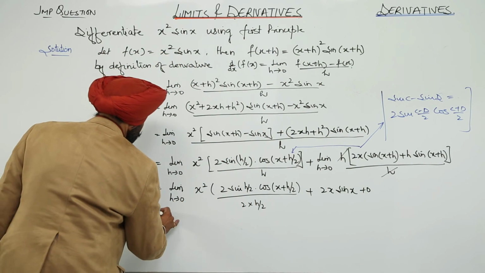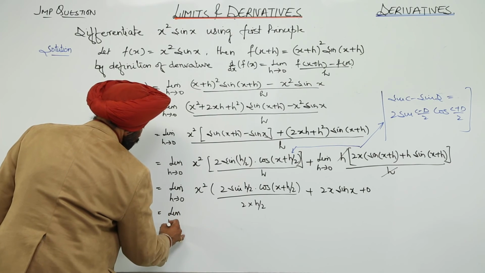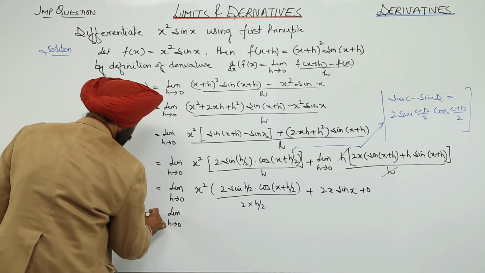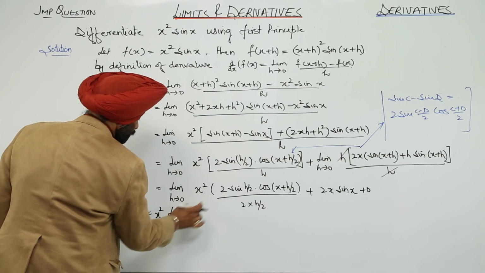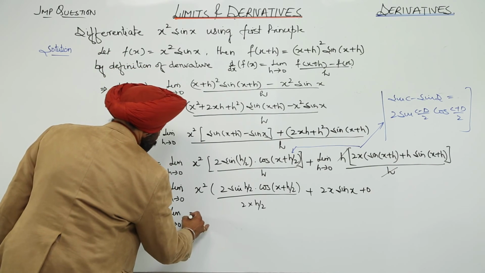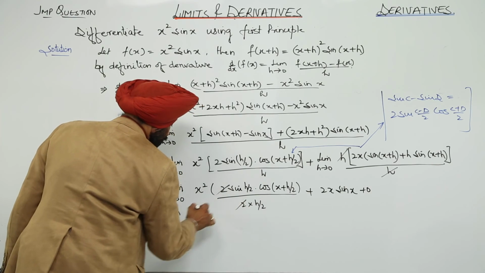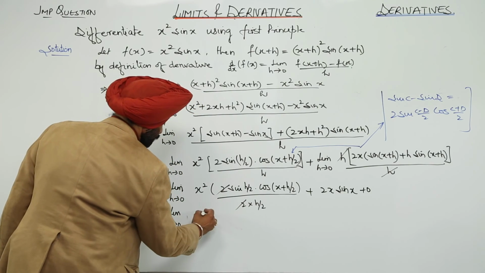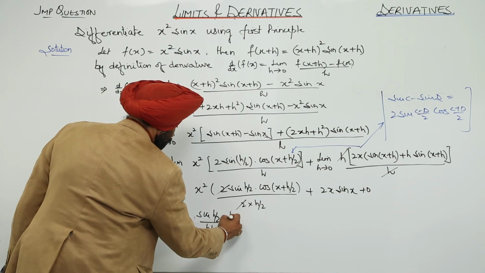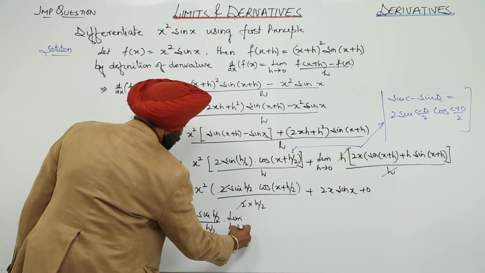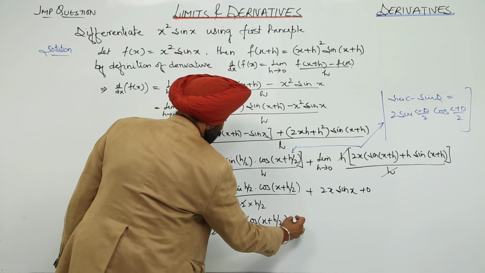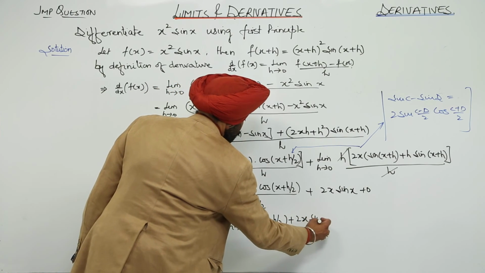Okay. So, this becomes limit h approaches to 0. Let us take this figure outside, x square limit h approaches to 0. This 2 and this 2 also cancels. So, we are having sin h by 2 upon h by 2 limit h approaches to 0 cos x plus h by 2 plus 2x sin x.